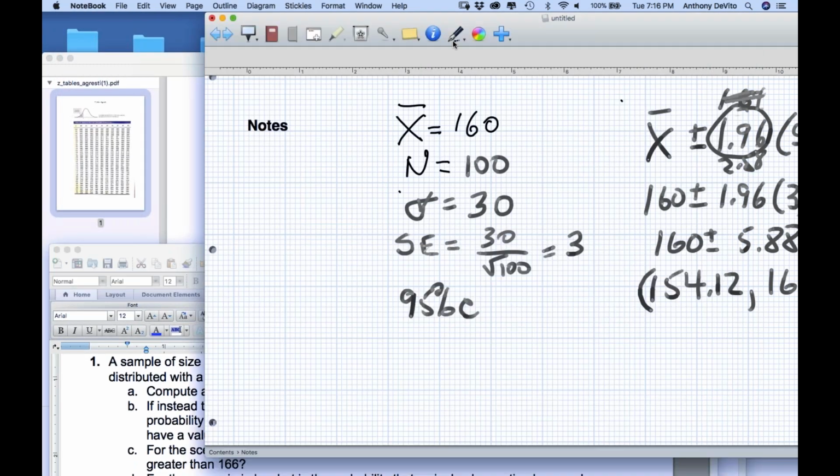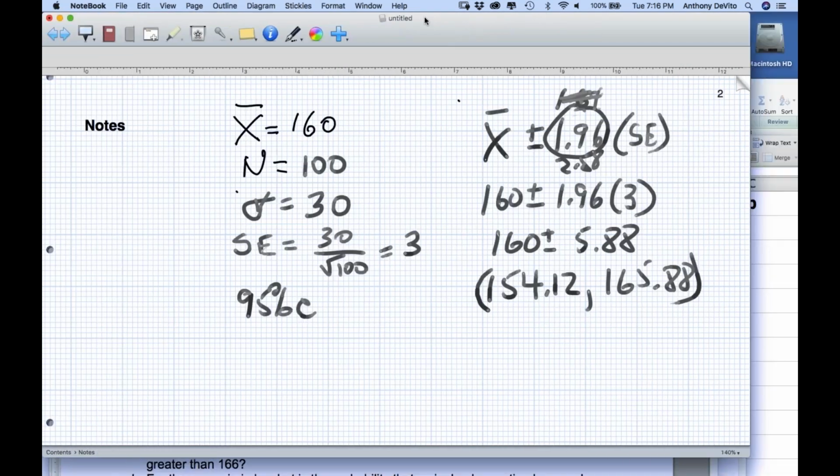So that's kind of a detour from what we were doing up to this point. So let's see. Mu is equal to 160. Sigma is equal to 30. And x, the value I'm interested in, is 154. So how many standard deviations below the mean is 154?